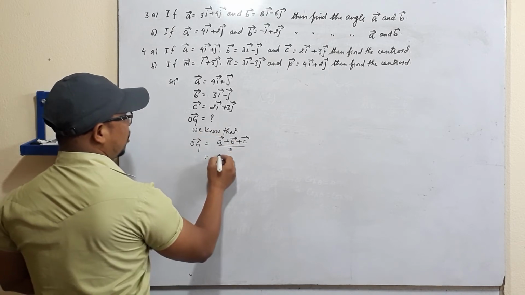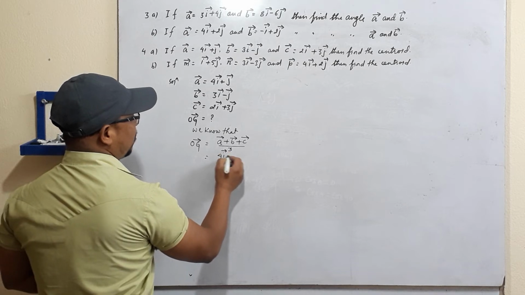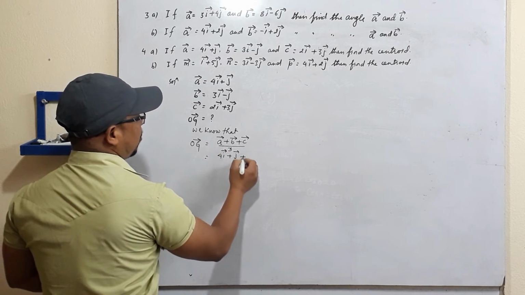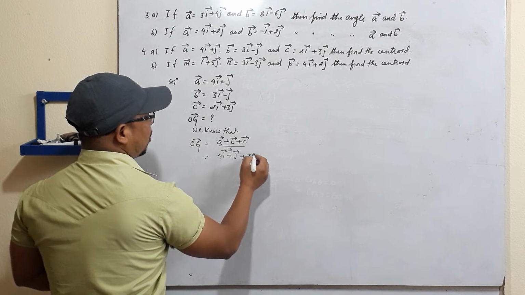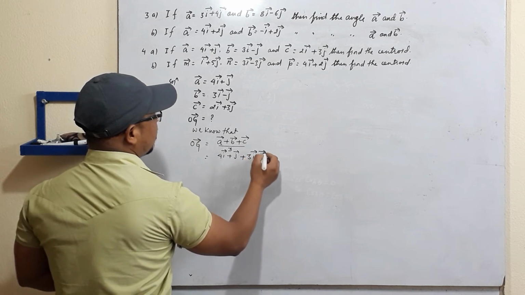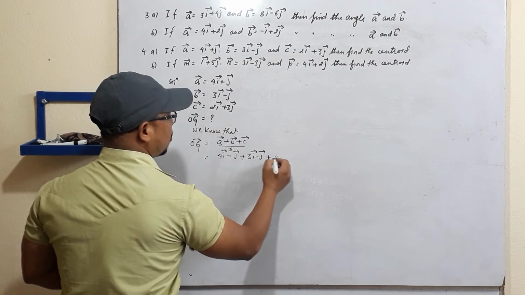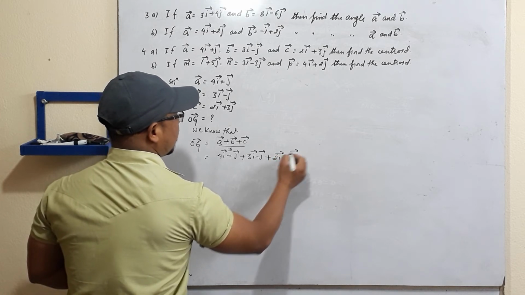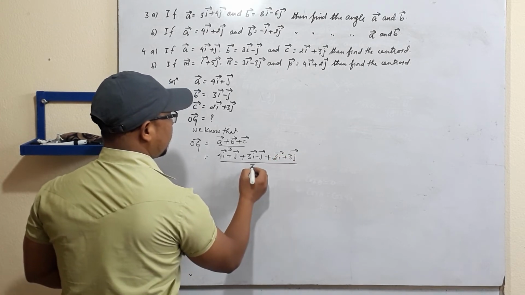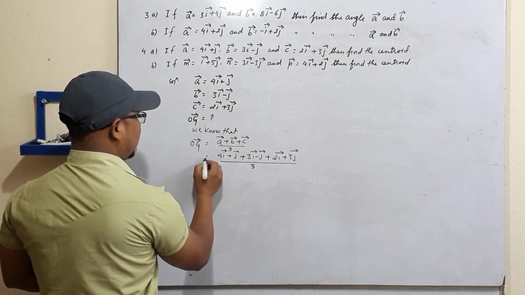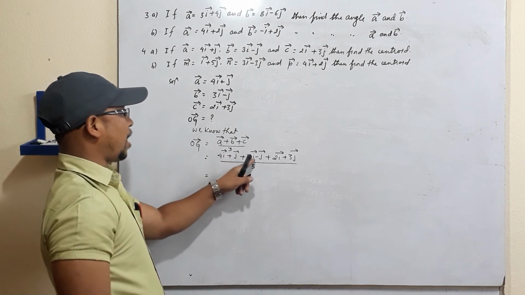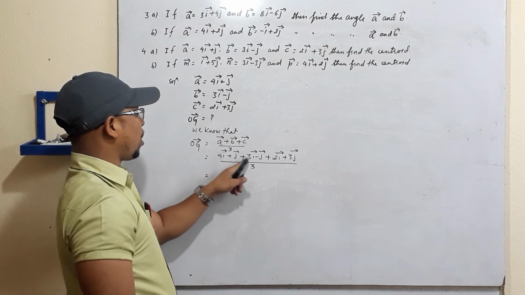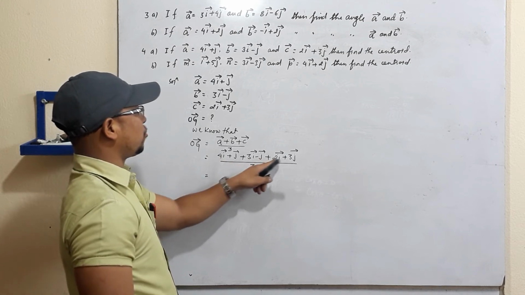So a vector is 4i plus j, plus b vector is 3i minus j, plus c vector is 2i plus 3j. This is whole divided by 3. Now let's add their like terms, i vector, i vector, i vector. 4 plus 3 is 7, 7 plus 2 is 9.